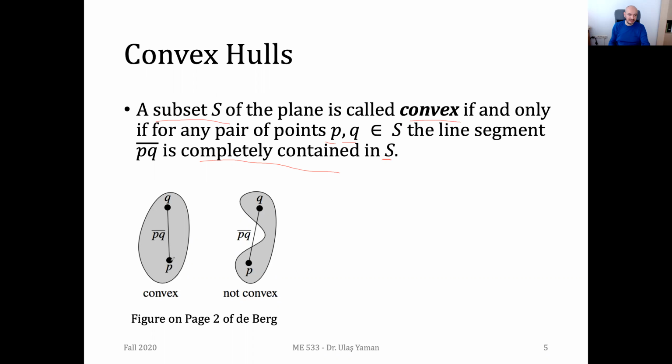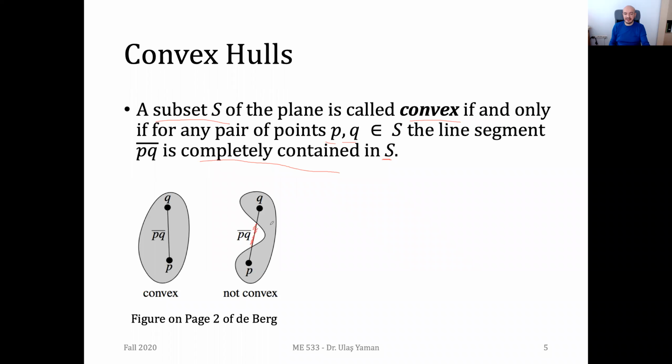For instance, here, the line connecting P and Q is completely inside the subset, but if you look at a concave shape here, which is not convex, some part of the line connecting P and Q is outside this subset S.